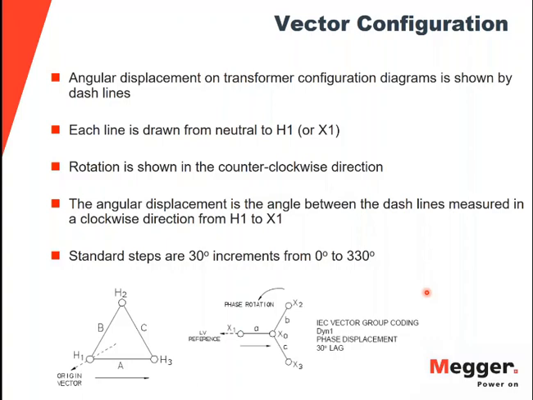And the way to find out that phase angle difference is that you pass a vector crossing the H1 and then you pass a vector crossing the X1 terminal. And then you measure the angle starting from the H1 vector going towards X1 in clockwise direction. And if it is 30 degrees, it would be written as DYN1. If it is 150 degrees, it would be written as DYN5. So every number increment is an indication of 30-degree phase angle.